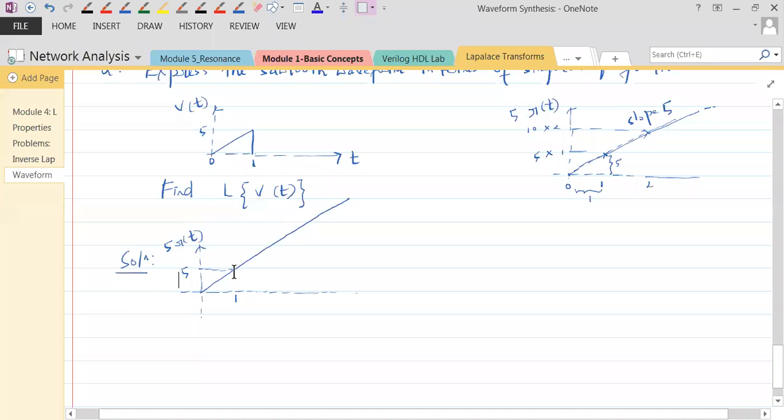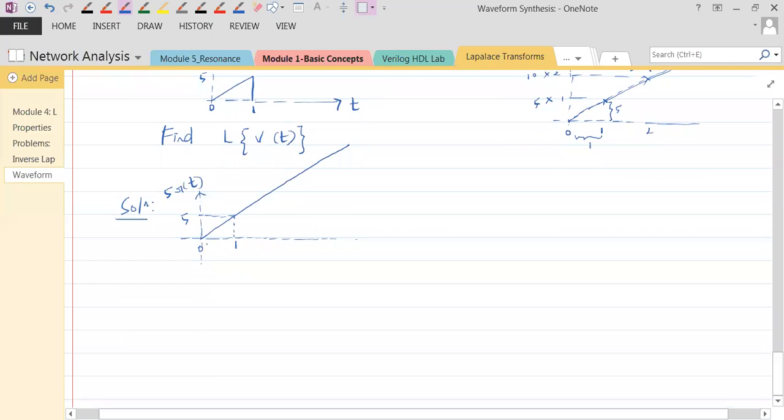I need to do something so that I'll have this signal ranging only from 0 to 1. From 1 to infinity it is also there, but I don't want this part of the signal. So what can I do? Can you think now?